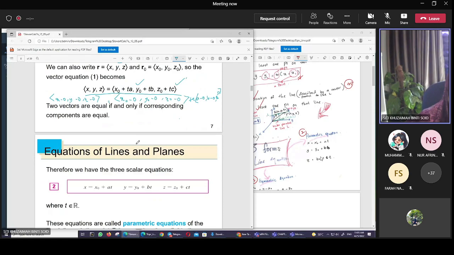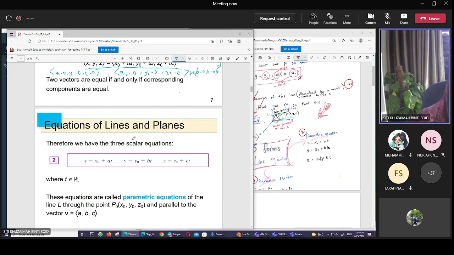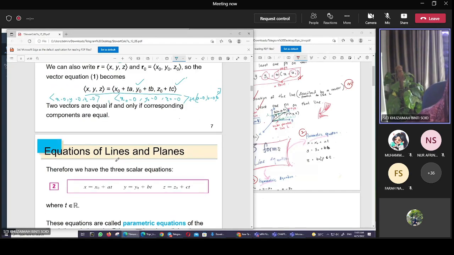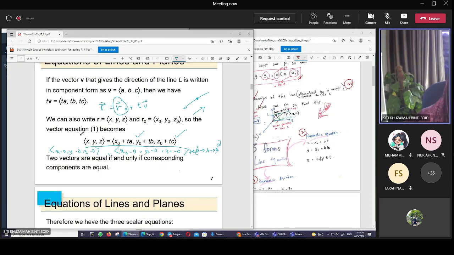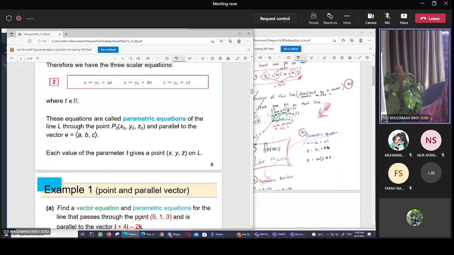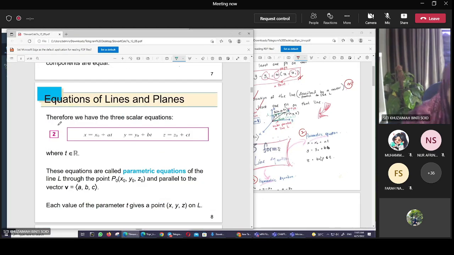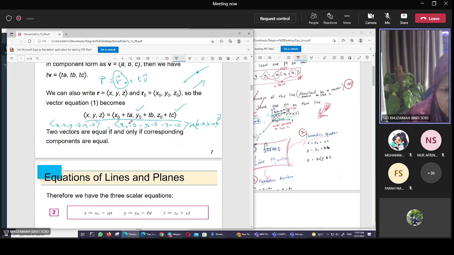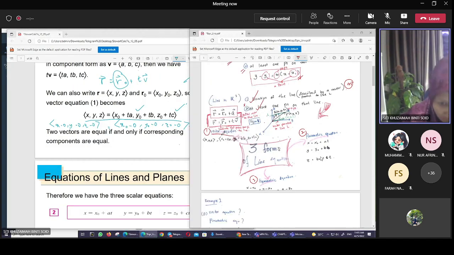If you notice from these equations of line, there are multiple representations. You can write this vector equation in many forms, which we will look at throughout these slides. This one is the vector equation: X, Y, Z equals X naught plus TA, Y naught plus TB, Z naught plus TC.